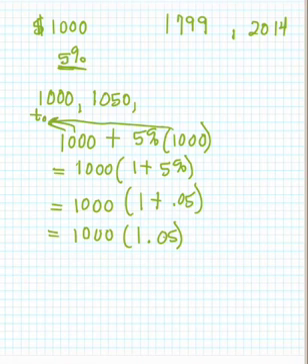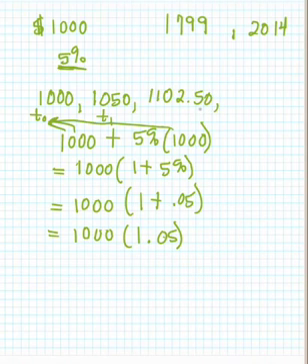If this is your original investment, T naught, this is T1, and then we could just keep multiplying by 1.05. So 1,050 times 1.05, and we can see that in 1801 there we go.